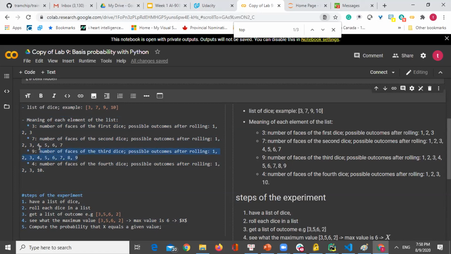For example, if here the largest value is 6, it compares to the third dice only. It cannot compare to this one because this one belongs to the second dice, and the 6 here belongs to the third dice.